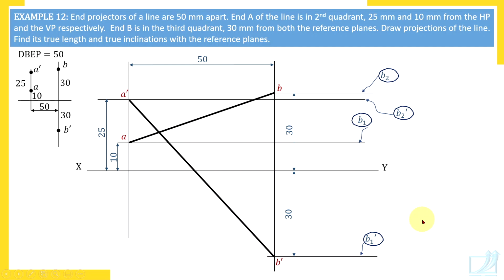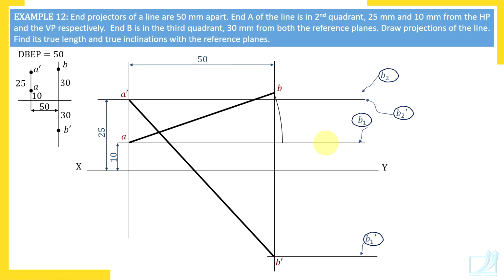Now AB is PL. You can rotate AB, PL. And A dash B dash is EL. Now if you rotate AB, PL, which other view has the same length PL? AB1, and B1 is on this line. So let's do that. I'm rotating AB.